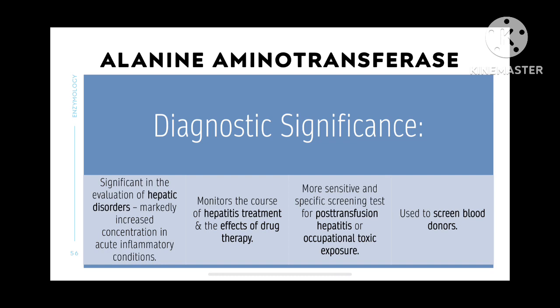Clinical applications of alanine aminotransferase assays are confined mainly to evaluation of hepatic disorders. Higher elevations are found in hepatocellular disorders than in extrahepatic or intrahepatic obstructive disorders. In acute inflammatory conditions of the liver, ALT elevations are frequently higher than those of AST and tend to remain elevated longer as a result of the longer half-life of ALT in serum.